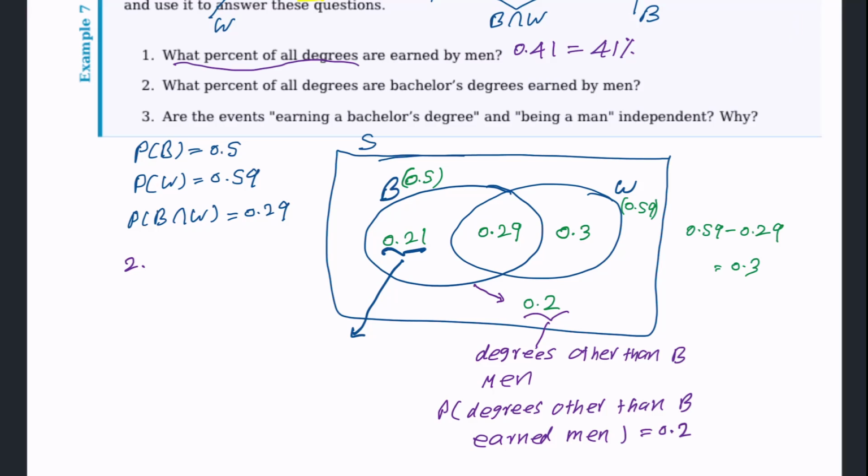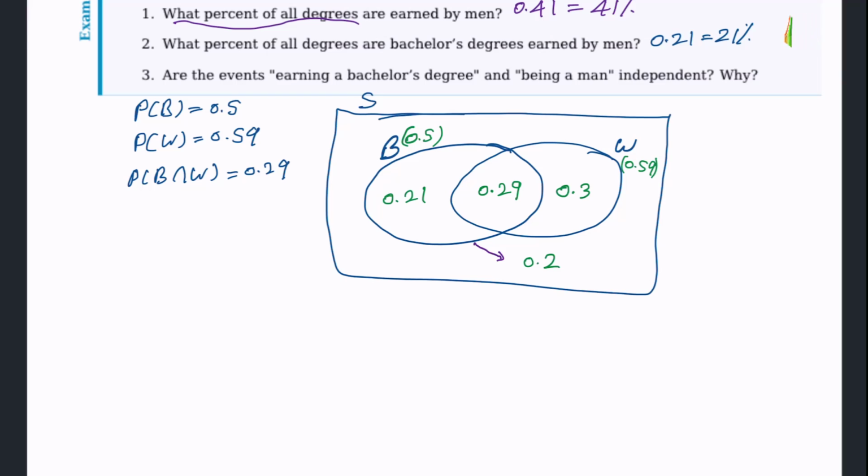How do we decide this point 21? Point 21 is in the bachelor degree. Therefore, it should be bachelor. And it is out of the women. Therefore, it should be men. Now we can say probability of bachelor degrees earned by men, that is 0.21.